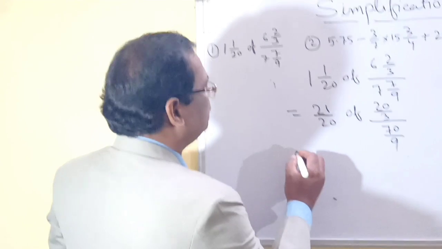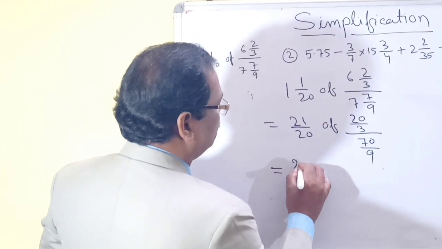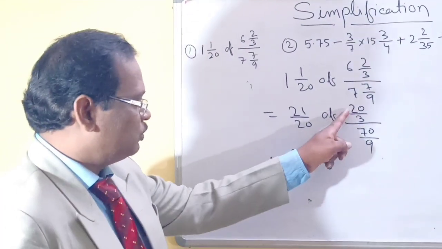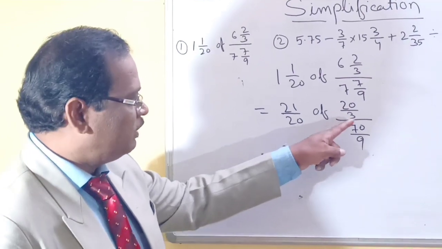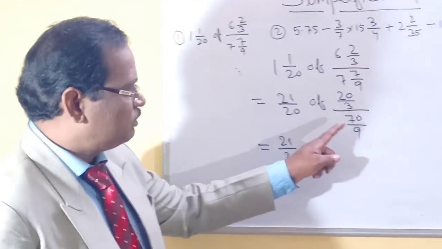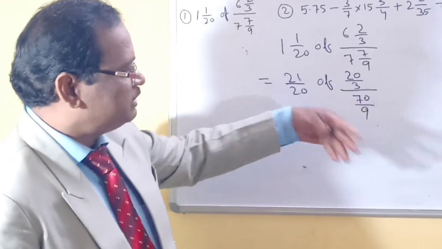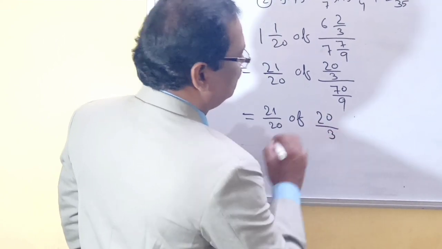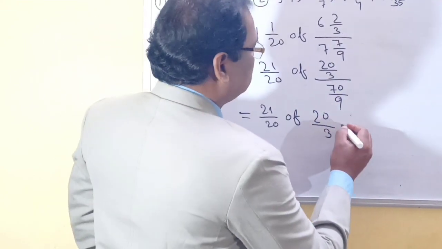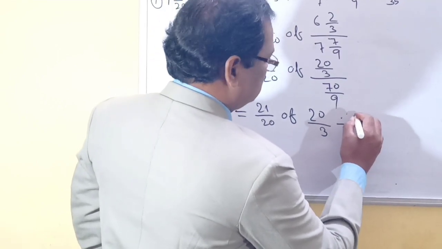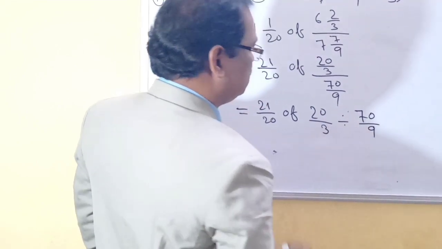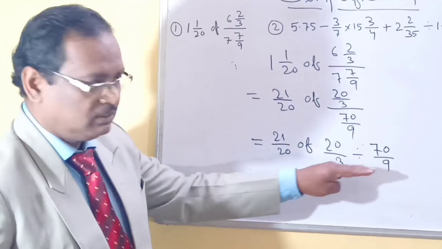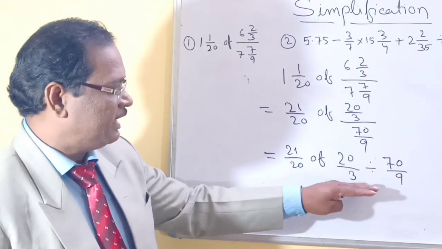So equal to 21 by 20 of 20 by 3 whole divided by 70 by 9. Instead of division, I will change it into a multiplication. So 20 by 3 divided by 70 by 9. I will do it like this, or directly we can convert it into multiplication. For your better understanding, I have taken this step.